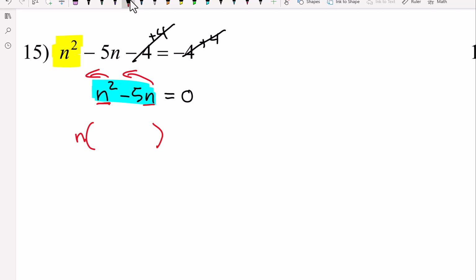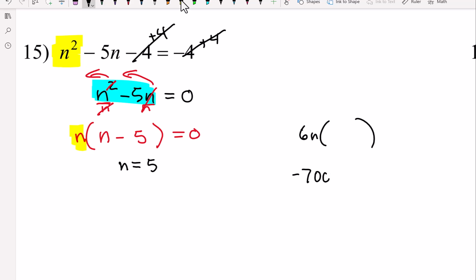So n squared divided by n cancels. That leaves n. 5n divided by n cancels. That leaves subtract 5. Well, the opposite of negative 5 is 5. And just so you know, every time there is a number on the outside of parentheses and you're solving, so let's say it said 6n in parentheses, or negative 7,000x outside of parentheses, or negative 7x squared on the outside.